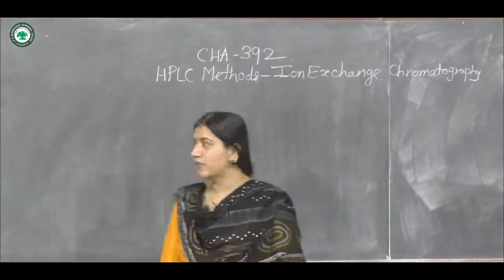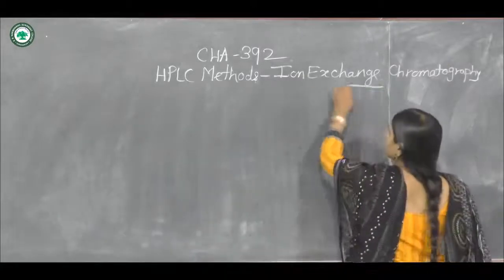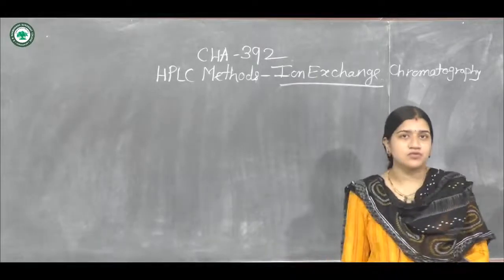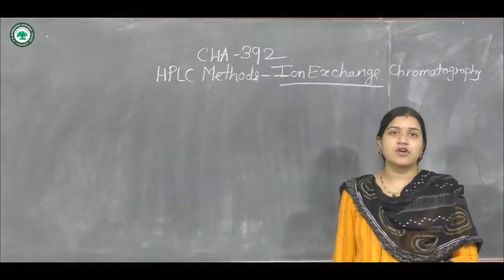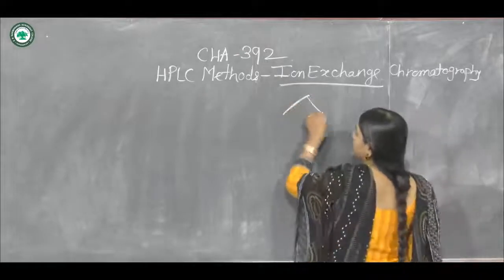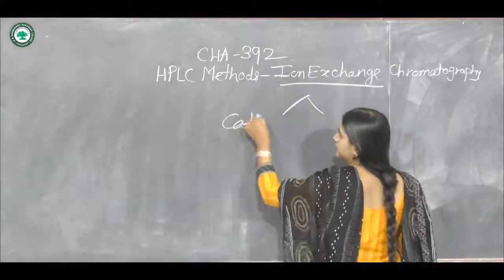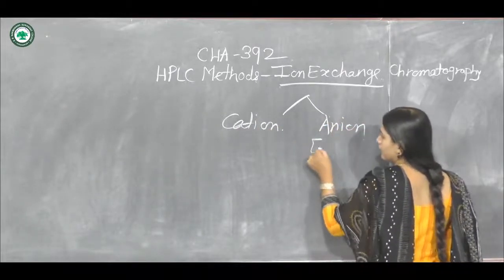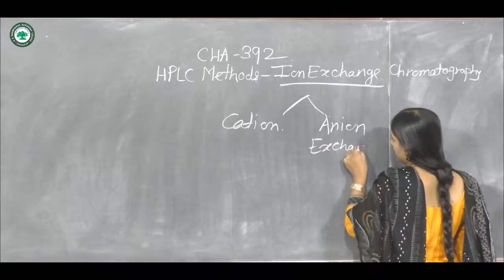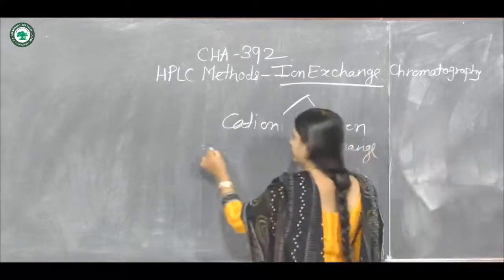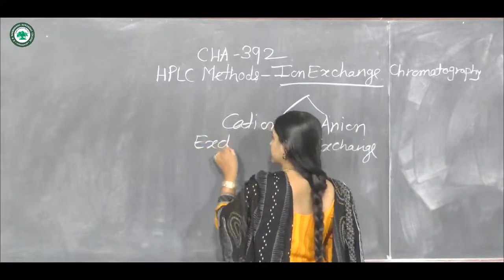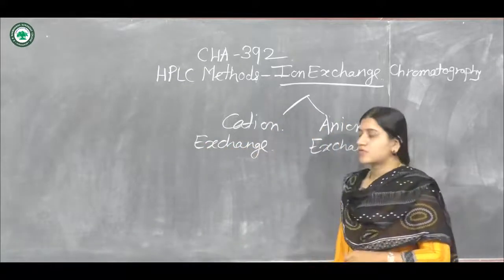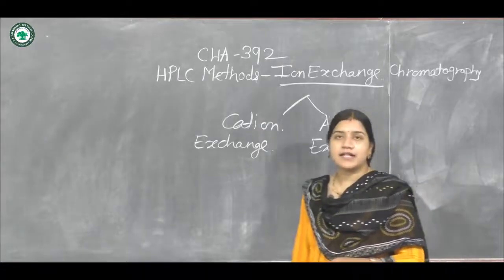Before that, if you consider ion exchange chromatography, two types of columns are used, the cation exchange column and the anion exchange column.